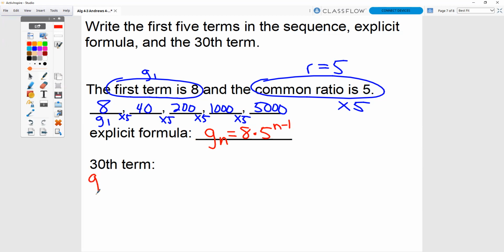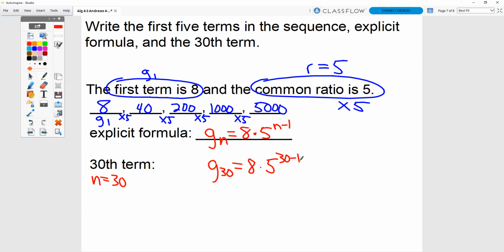We want the 30th term. So n equals 30. So G sub 30 equals 8 times 5 to the 30 minus 1 power.